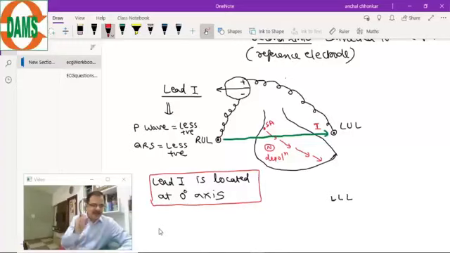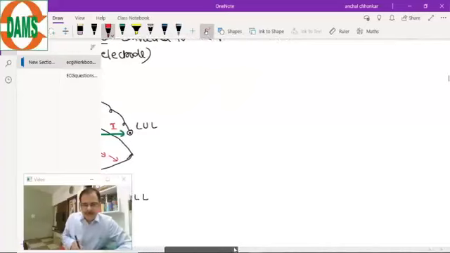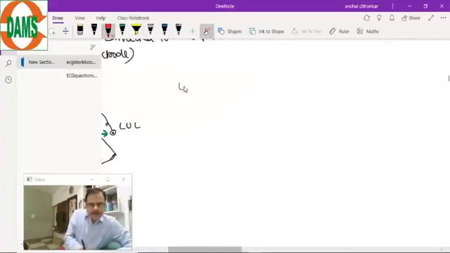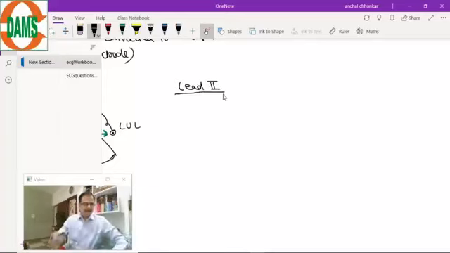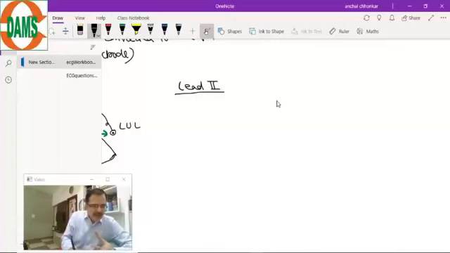Now come to lead 2. It is the same diagram; we will make a separate diagram for lead 2.